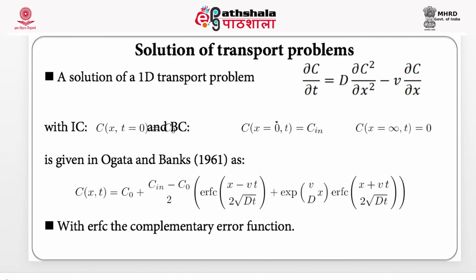Let us begin with a very simple transfer problem, which is dc by dt equals to dispersion times d squared c by dx squared minus v dc by dx, and we have an initial condition that at any x at t equals to 0 the concentration is C0, and we have a boundary condition that C, the concentration at any time at the start of the domain, or at x equals to 0, is equal to C in, and C at x equals to infinity, very far away from the inlet, at any time equals to 0.